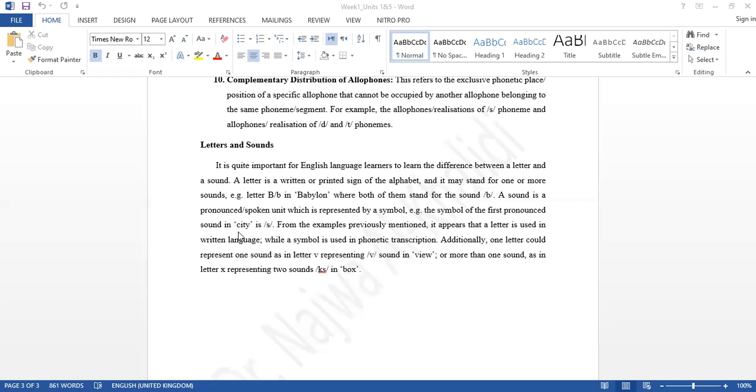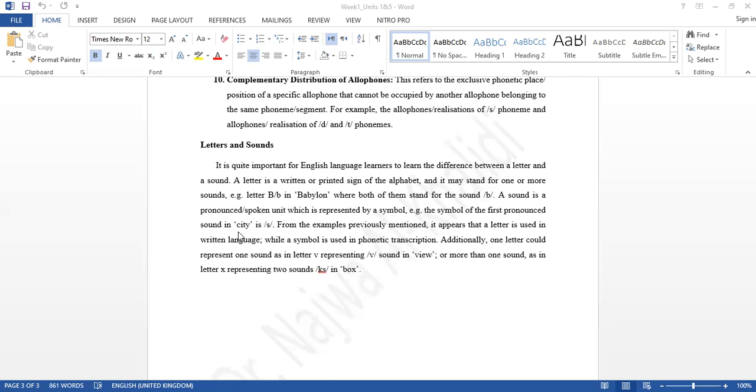The same letter, I mean the letter C, could be pronounced as K, like in car, cage, cut. If we put the letter C in combination with another letter like H, it could be pronounced as ch, like in chair, watch, or church, which.